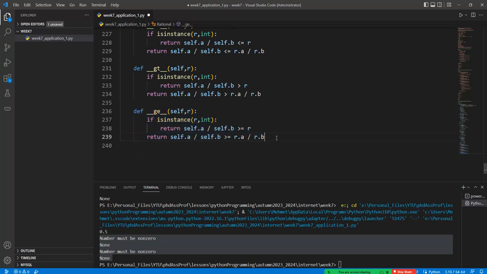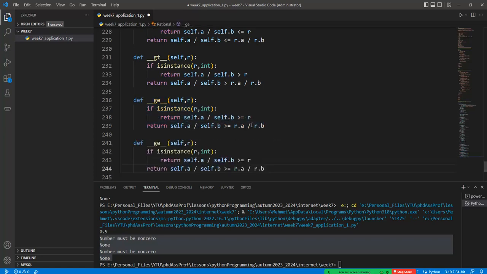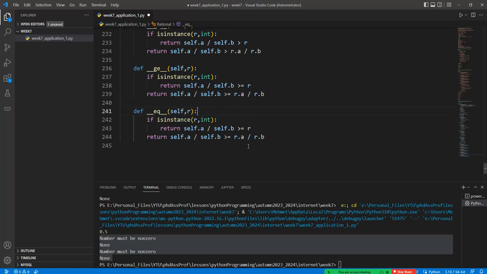Or we have this equal or not, like this one, and so this equal or not, okay? This simple notation.